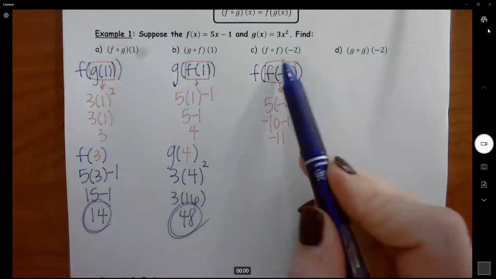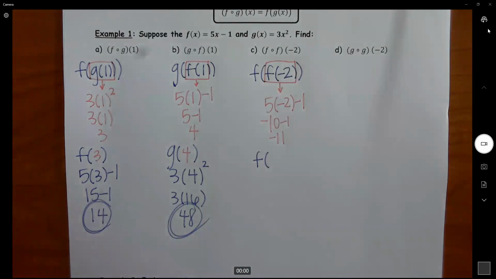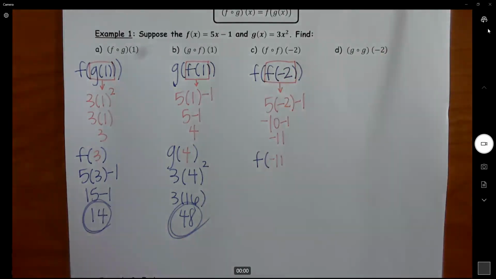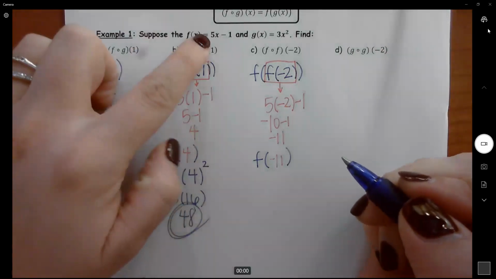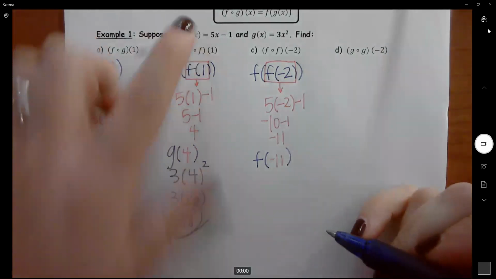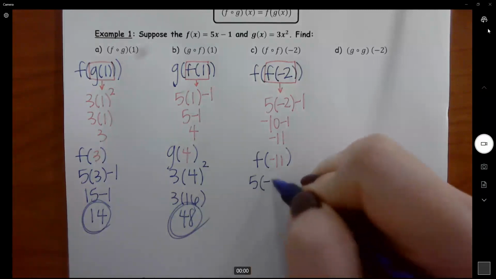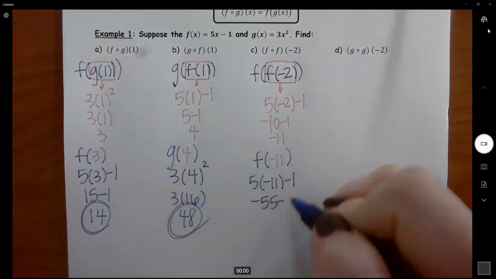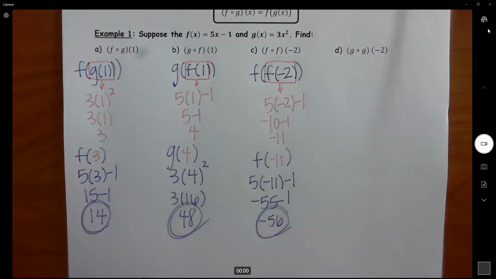That is only f of negative 2. So now I need to do f of, well, my negative 2 was negative 11. And I'll do the same thing, but now I'm taking the same function and replacing x with negative 11 instead of up here where we did negative 2. So 5 times negative 11 minus 1. We get negative 55 minus 1, so we get negative 56.